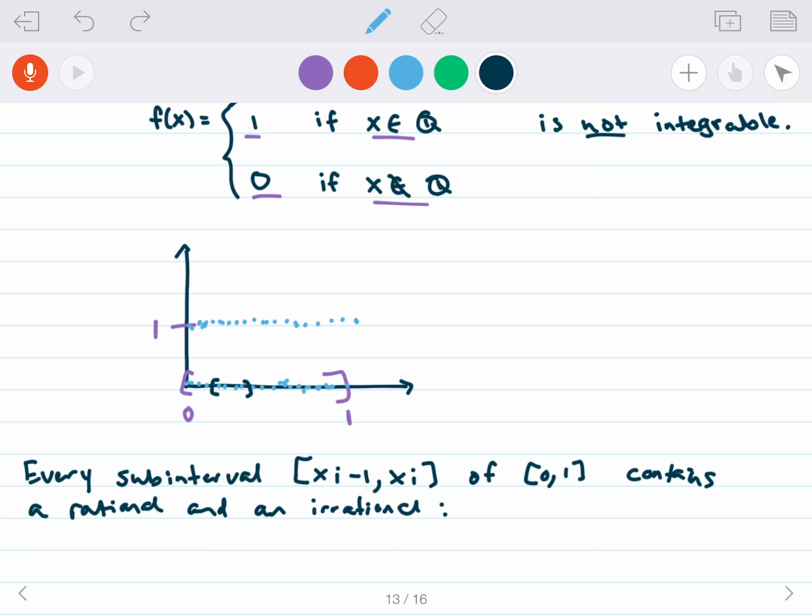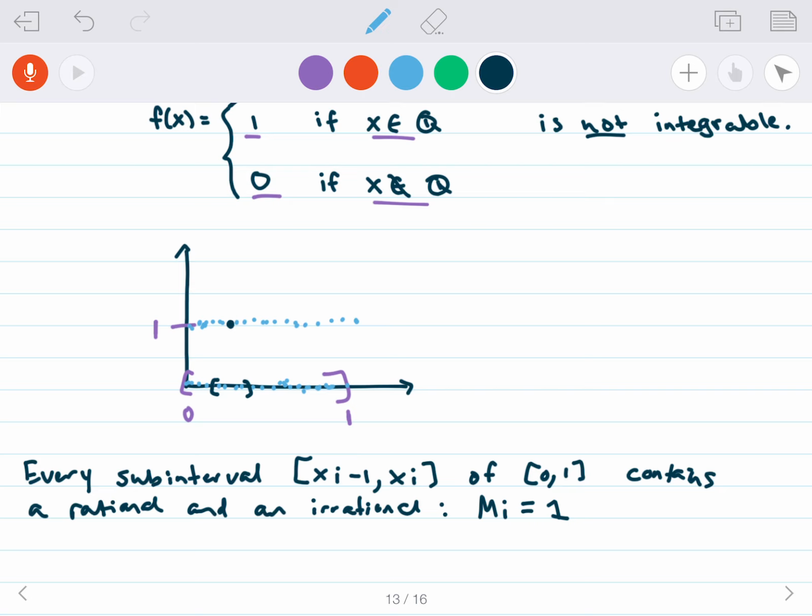And hence, in any of these subintervals, our supremum on the subinterval is going to be 1, right? Because I'm going to have some rational right here, and it's going to have a value of 1 on this subinterval.